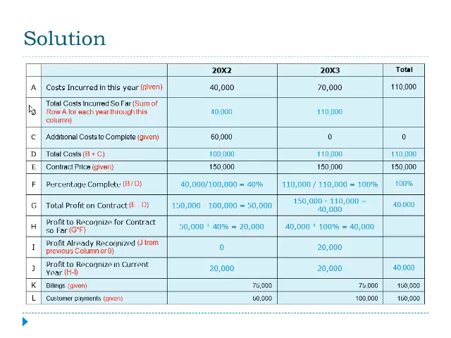The total costs then are $110,000. The contract price remains the same at $150,000, and our percentage complete is the cost so far divided by total estimated costs. That is always 100% at the end of the life of a project.